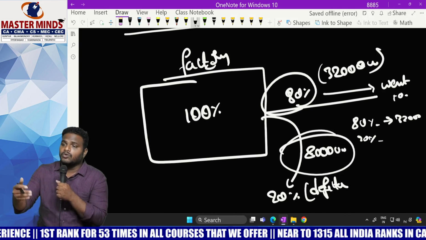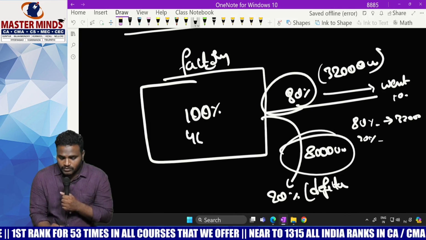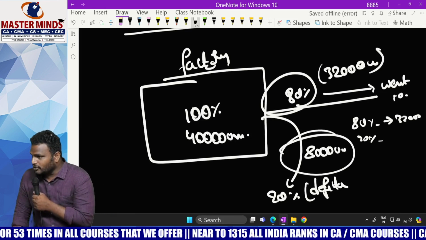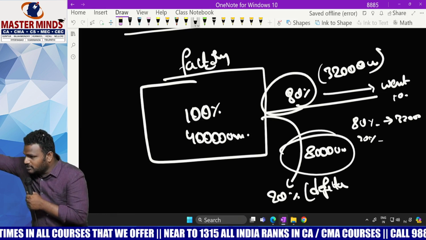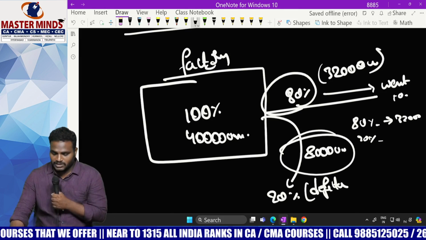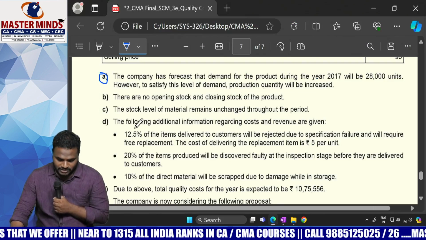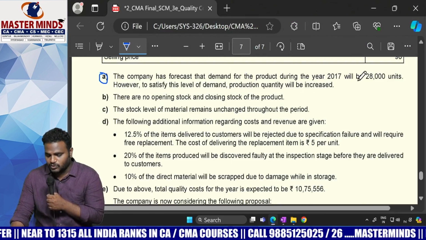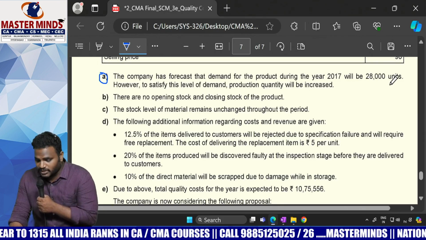Then total number of units produced by you, in order to satisfy 28,000 units? 40,000. That's why the company forecast the demand for the product for the year 2017 is 28,000.